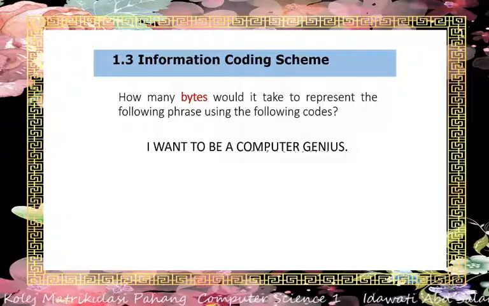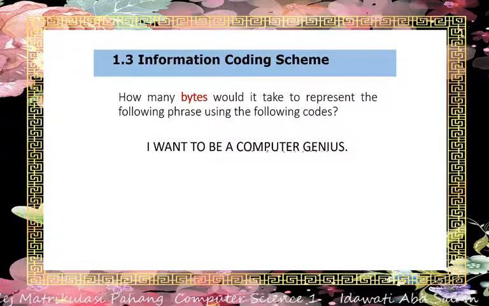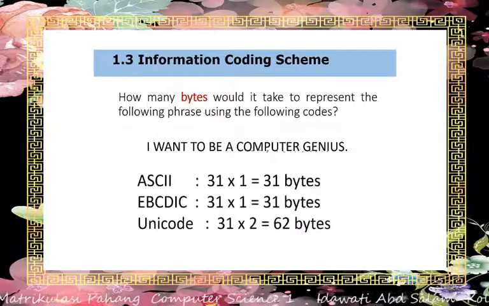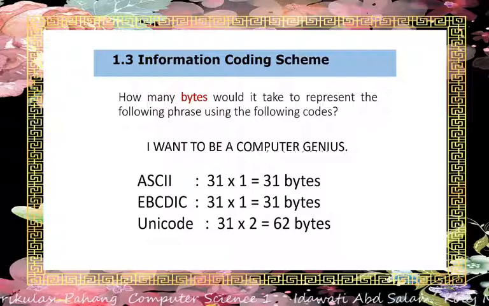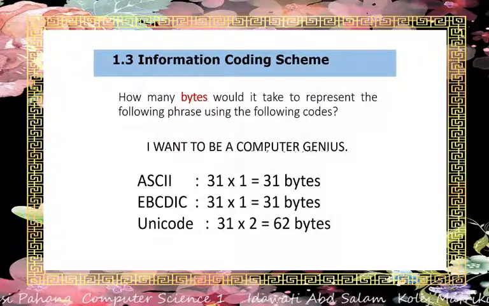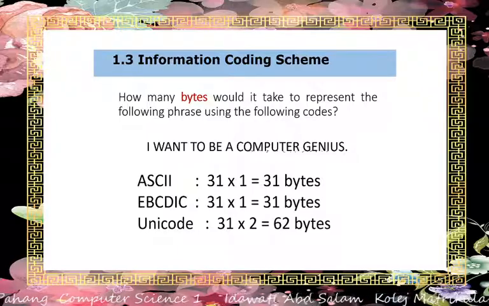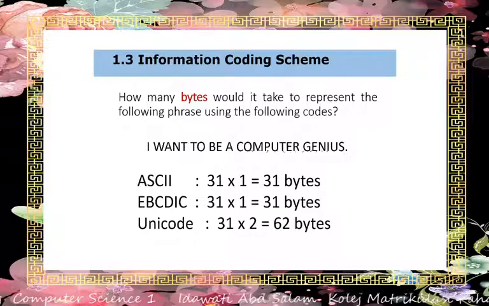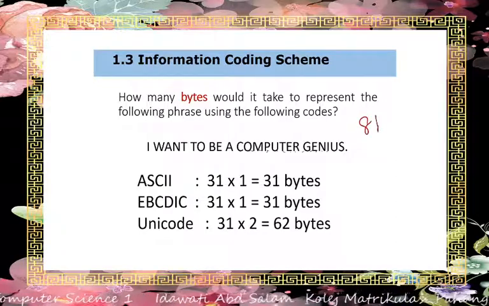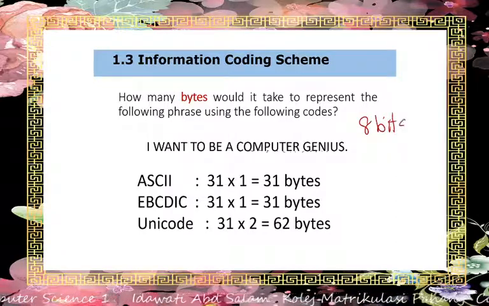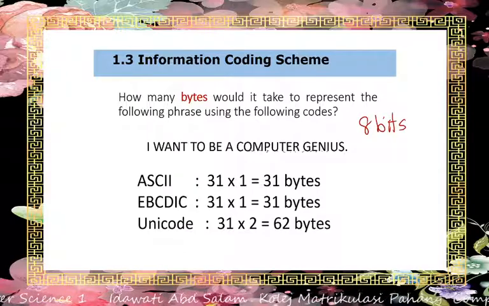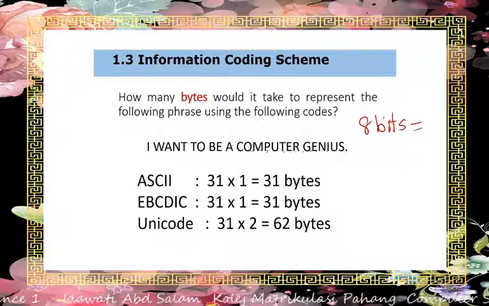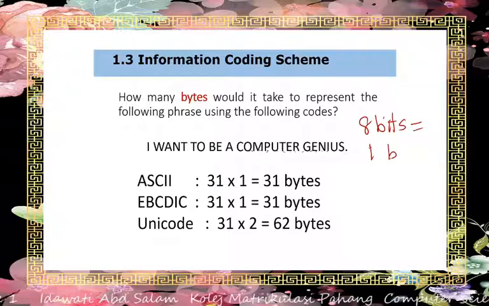As we learned before, ASCII uses 8 bits to represent a character. So we have 8 bits in ASCII, then 8 bits is equal to 1 byte.